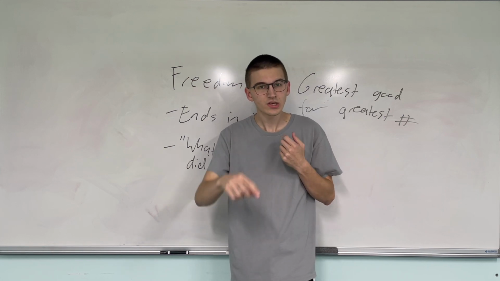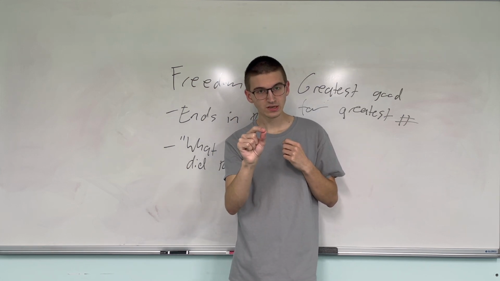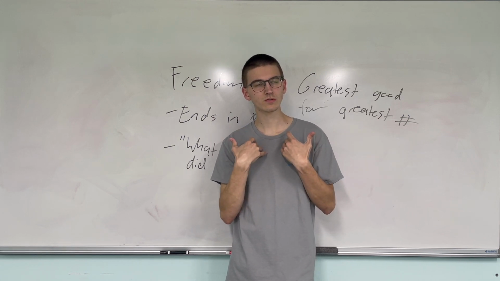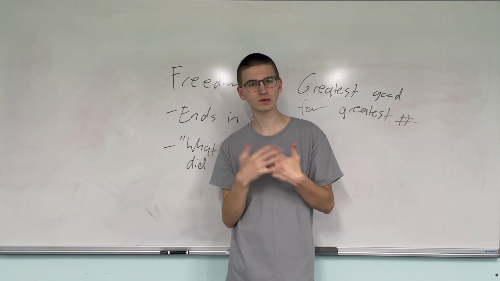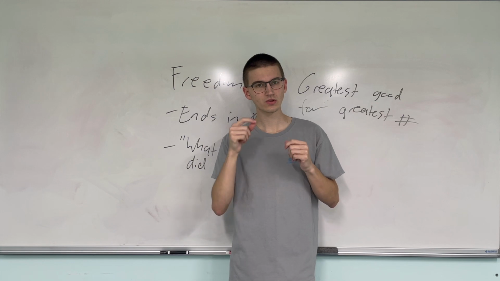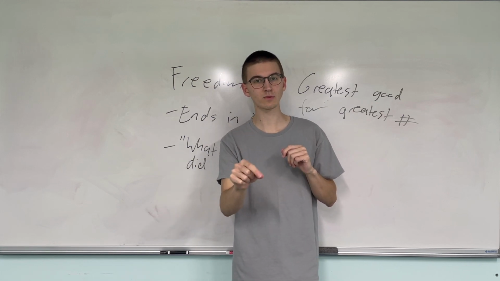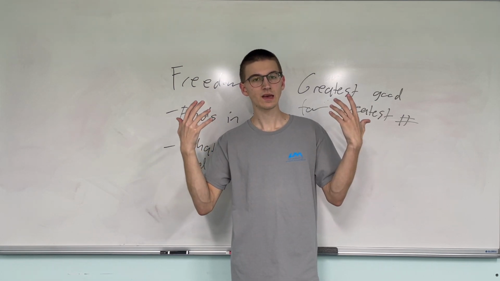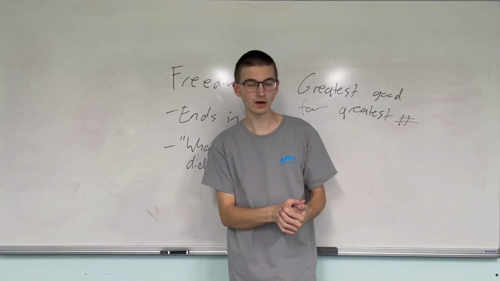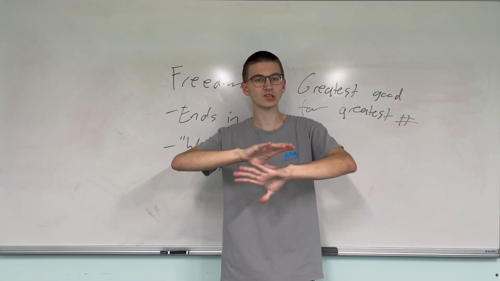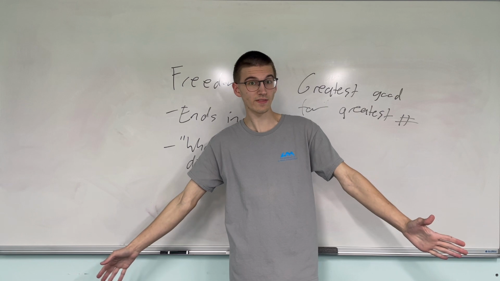Kant says you should only act such that you could, I can't remember the exact phrasing, but something akin to, you should only act on that which you could will to be an eternal moral law. If you could wish everybody to have done that.